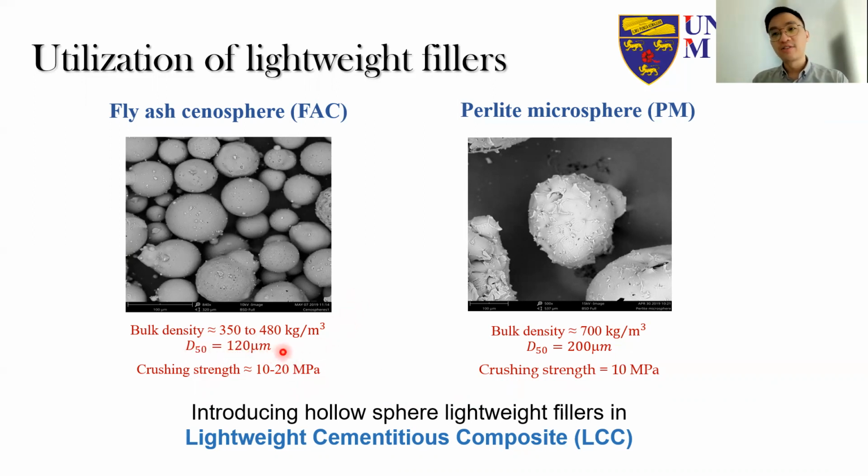And the size of this hollow sphere is usually about 100 to 200 micrometers. The idea of using this hollow sphere is to make use of its very low density, which can bring down the overall density of your concrete, as well as the high crushing strength of the hollow sphere itself, which may help to retain a certain portion of strength even when the density is substantially reduced.